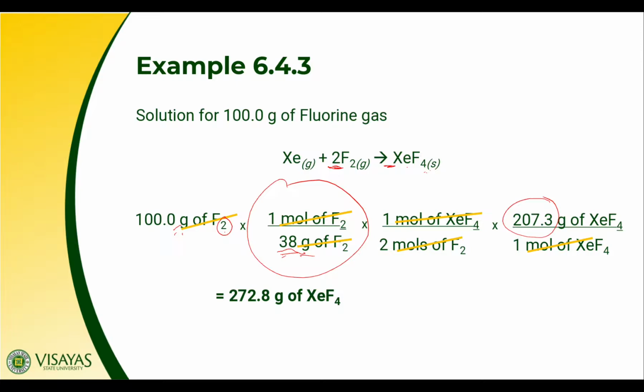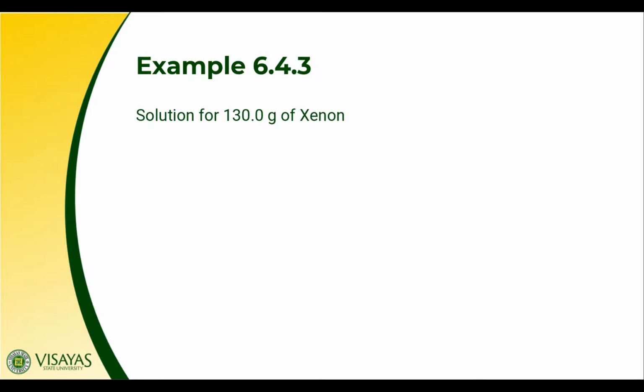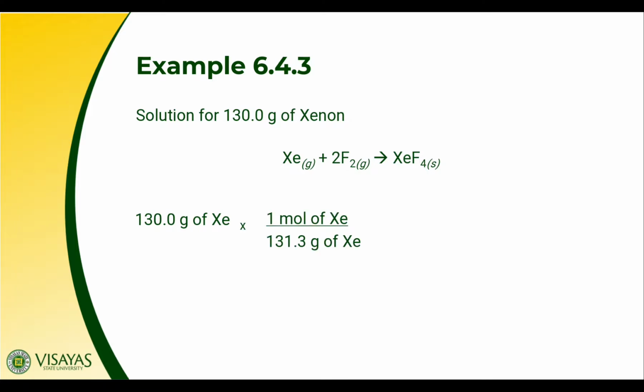Now what about when we use 130 grams of xenon? So we convert first gram xenon into mole xenon using the molar mass of xenon, which is 131.3 grams. Again, we put the mass xenon in the denominator so we can cancel that unit. Next is we convert mole xenon into mole xenon tetrafluoride using the mole ratio of xenon and xenon tetrafluoride.